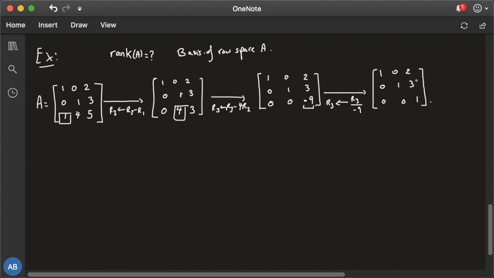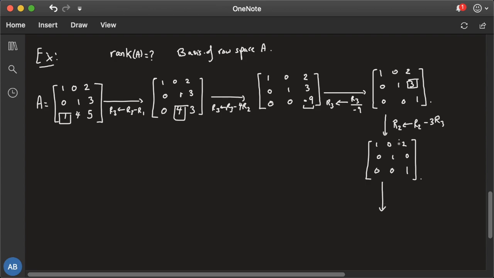Next, let's try to null out this guy, right? How do we do that? Using R3. Well, instead of R2, I can plug in R2 minus 3R3, right? So the first and third rows remain the same, whereas the second row becomes 0, 1, 0.